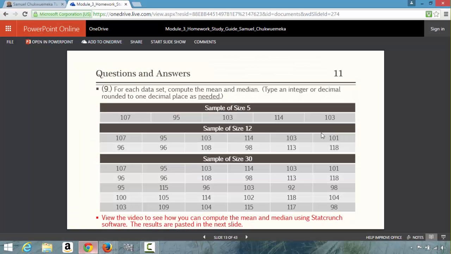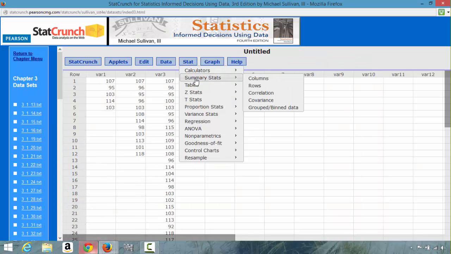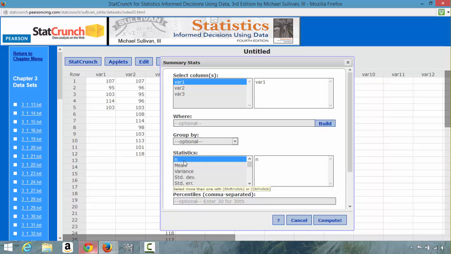The question says we should find a mean and median. So just the same thing. Stat, summary stats, columns. Let's start with this one, variable 1. I want to select the sample size, then mean, you press your control key, and then median.